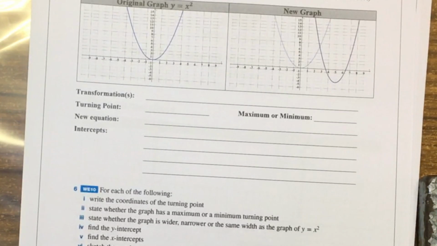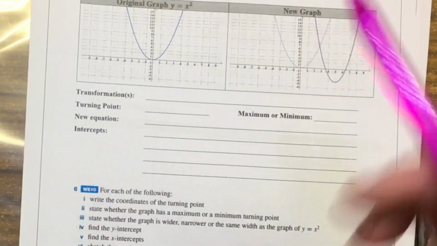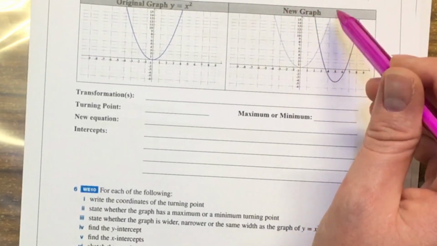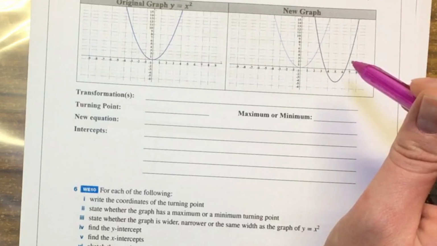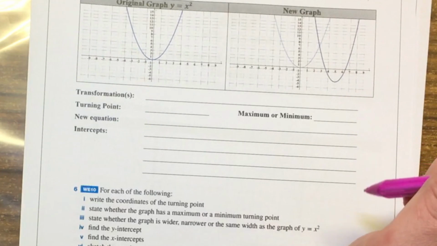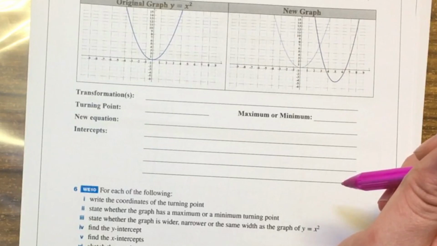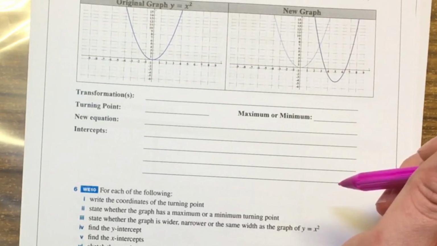This one is slightly different. I would start with the translations. You'll notice there I've got a faint outline of the original graph on this one. Can someone please tell me what the translations are? It has become skinnier, so there's another transformation, but what's the translations?